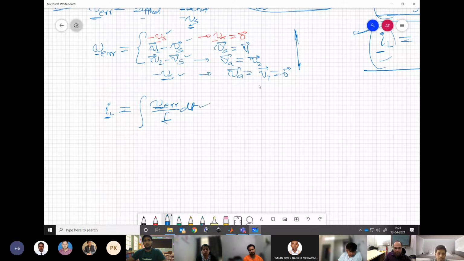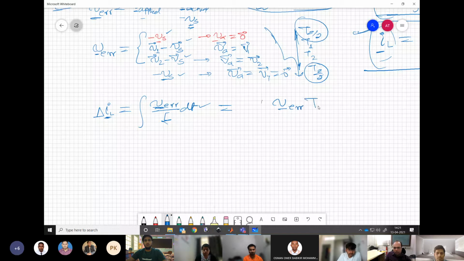L is fixed, and the time over which this error is occurring is also fixed: Tz by 2, T1, T2 and Tz by 2. Correct? So this quantity, the ripple, is basically a scaled version of this voltage error. So basically this is Tx time by L times the voltage error.